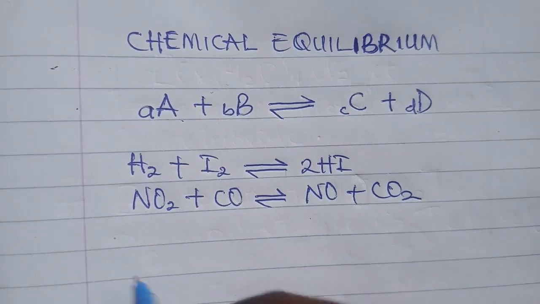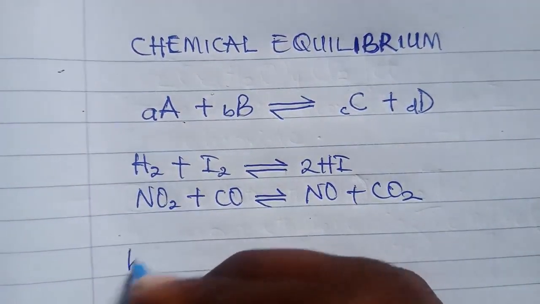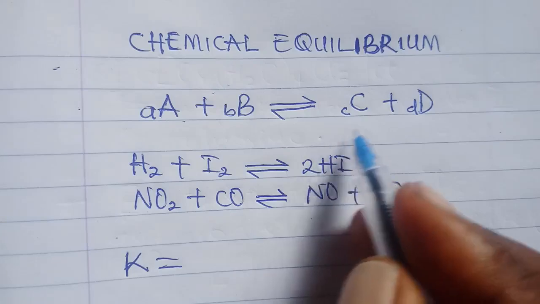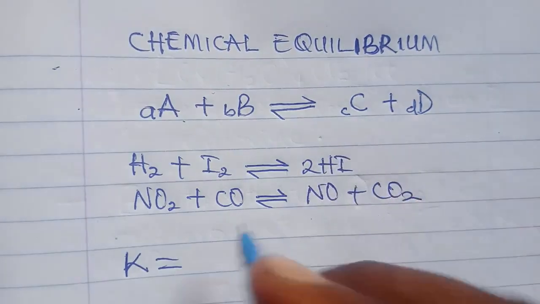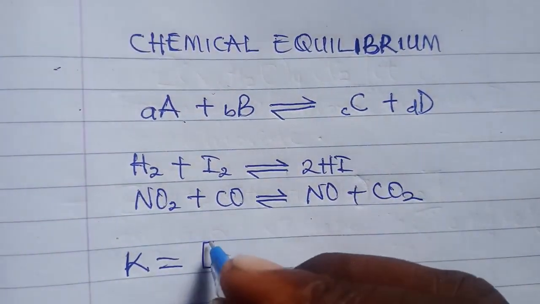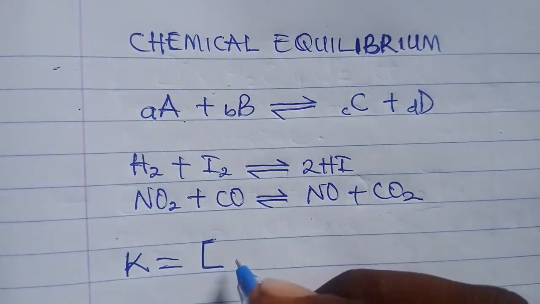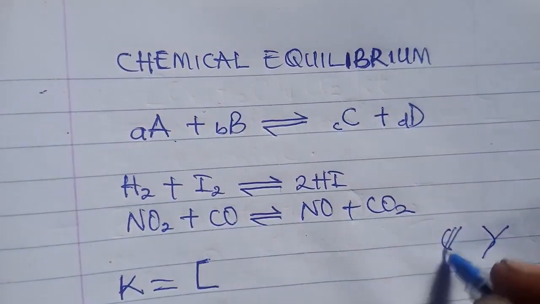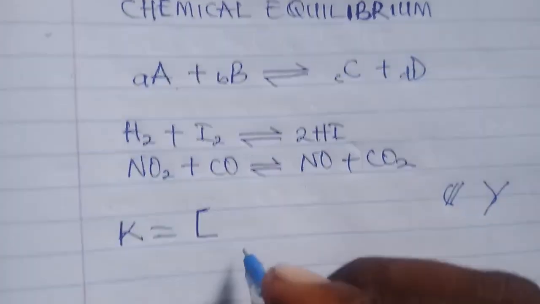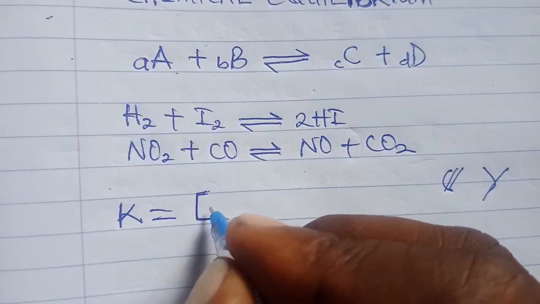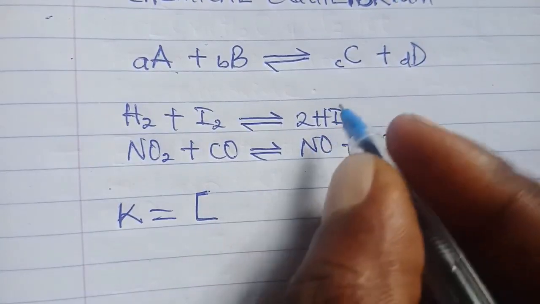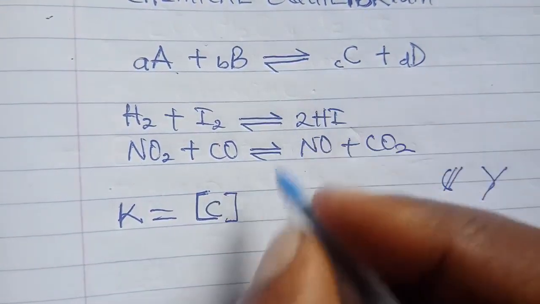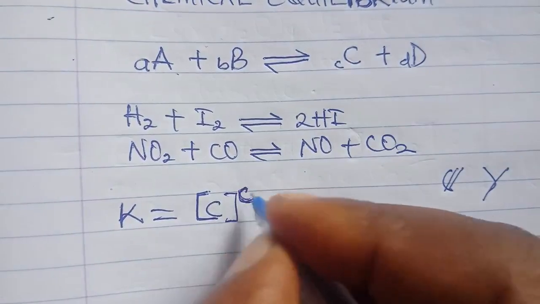What we mean by that is that the equilibrium constant, we use K to denote it, is equal to the concentration of the products. Concentration is denoted with parenthesis, we don't use brackets; brackets are not used, they don't mean the same. So parenthesis signifies concentration of the products raised to the power, the number of moles, here small letter c.